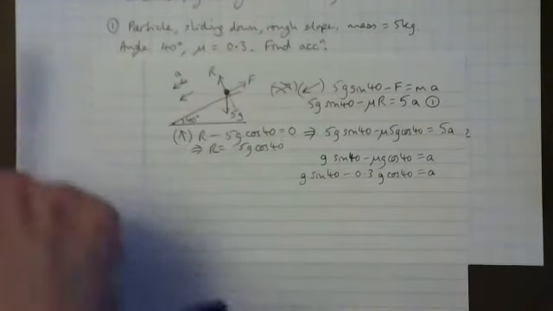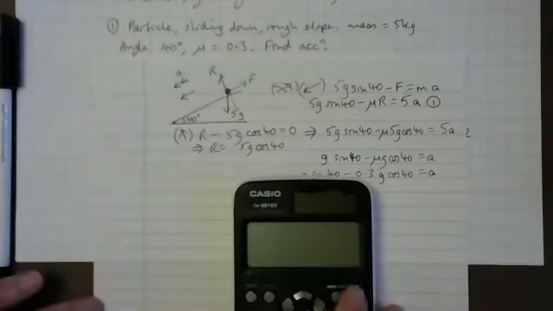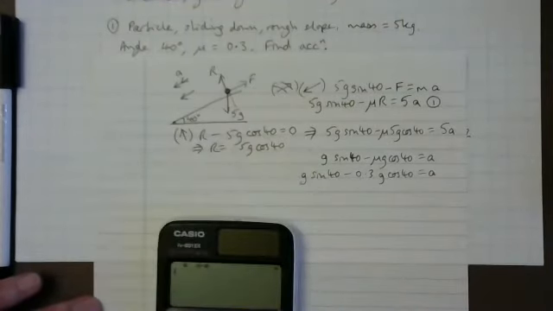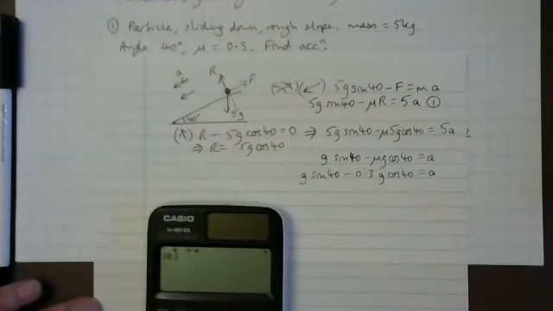Calculator. g is 9.8. 9.8 times sine 40. Make sure you calculate it in degrees. 9.8 times sine 40, minus, wrong number, 0.3 times 9.8 times cos 40.